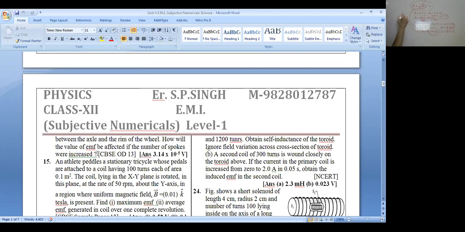See, this is the cycle wheel, and this is the axle and the ring. Whatever voltage is developed in the spokes, all these voltages will be in parallel. In parallel, voltage remains the same. So the number of spokes is immaterial here. If you increase the number of spokes, even then we get the same value of EMF.